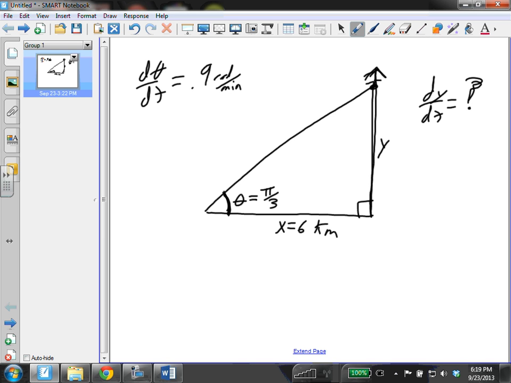Now we need, once again, a formula that connects every single one of these things. If you look, we have an angle right here. We have some information about the side opposite that angle, and we were given information about the side adjacent to that angle.